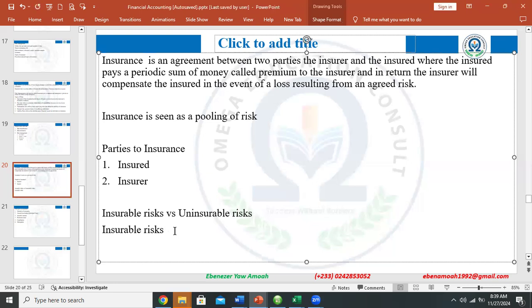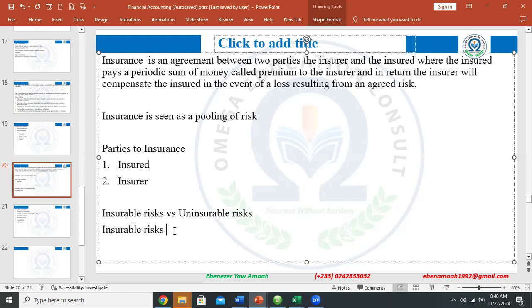So please, you said that insurable risk is a risk in which, can I give an example though? For example, you can't insure the fufu or the soup that you have prepared, that when it goes bad, the insurance company should come and pay you.